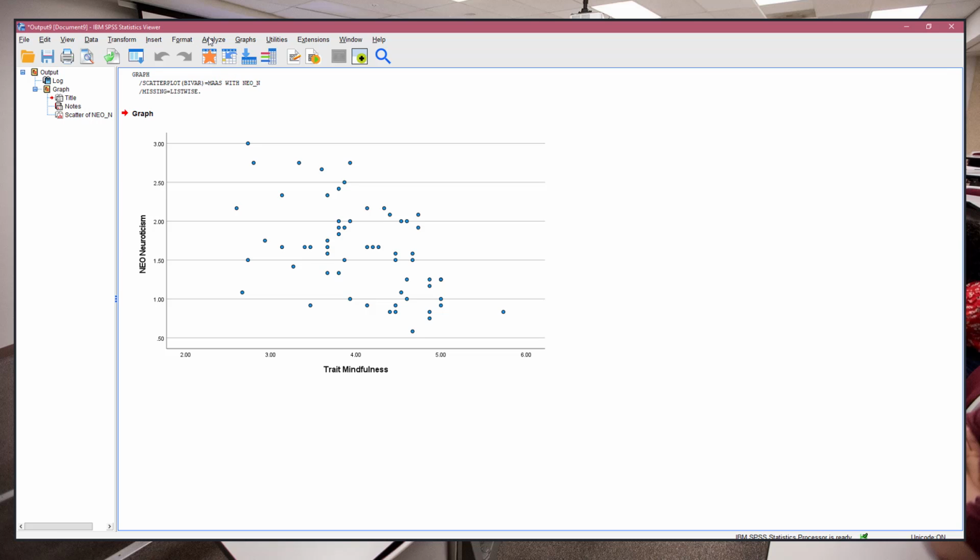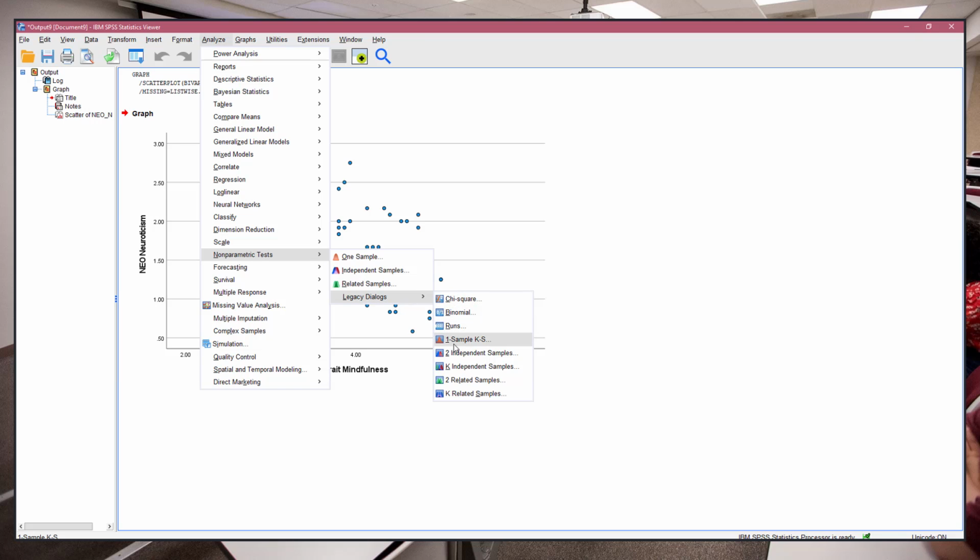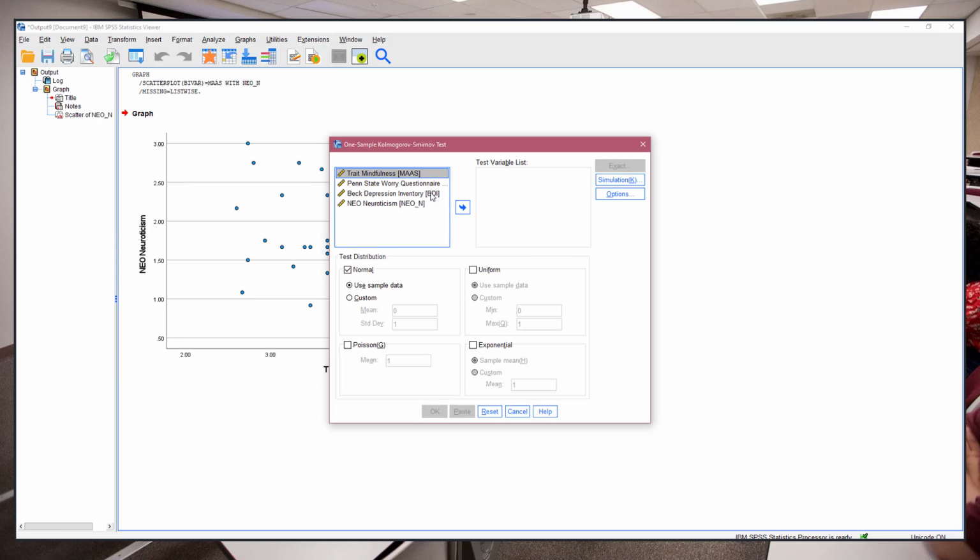To do that, we'll go to Analyze, Non-Parametric Tests, Legacy Dialogues, and then One Sample Kolmogorov-Smirnov. We're going to put in trait mindfulness and neuroticism. Again, this is all review. We've done this in past assignments, but it's always good to test the assumptions of the statistical analysis you're going to conduct.